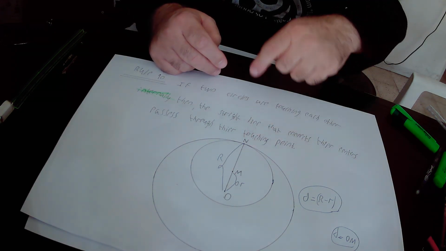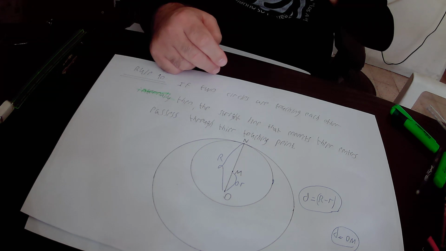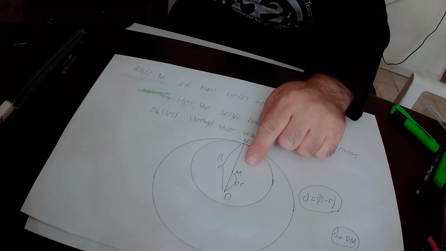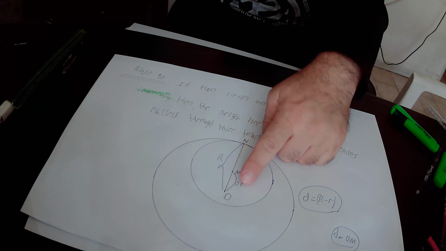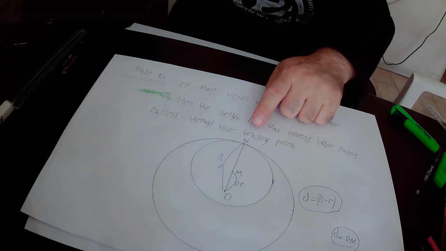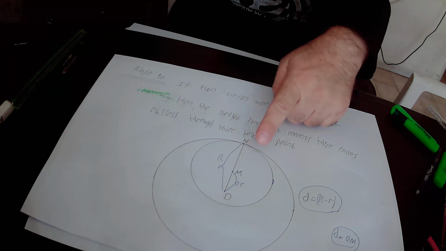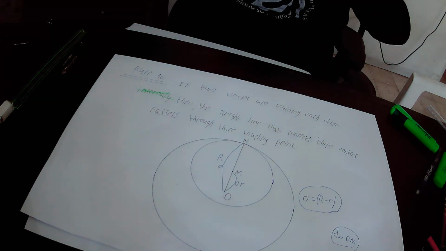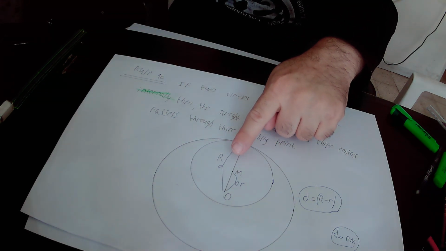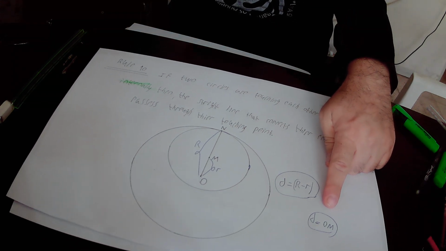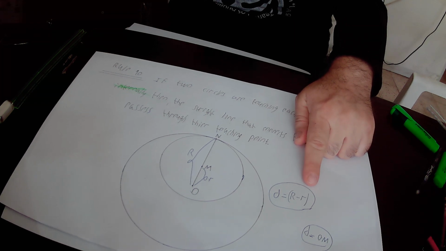And the distance between the centers of those two circles, that is to say the length of line segment OM, is equal to capital R minus small r. Capital R is the radius of the big circle, small r is the radius of the small circle. So the distance D, which equals OM, is equal to capital R minus small r.